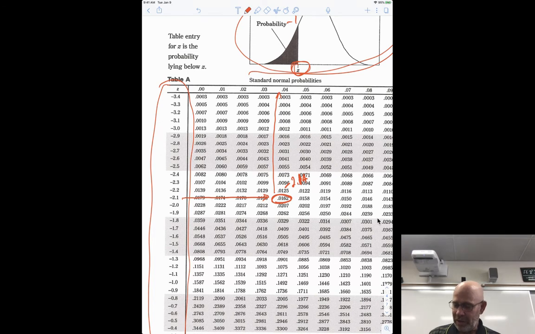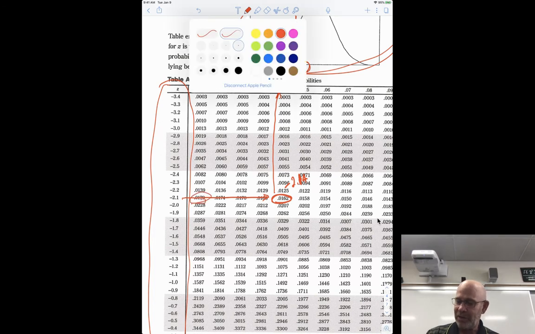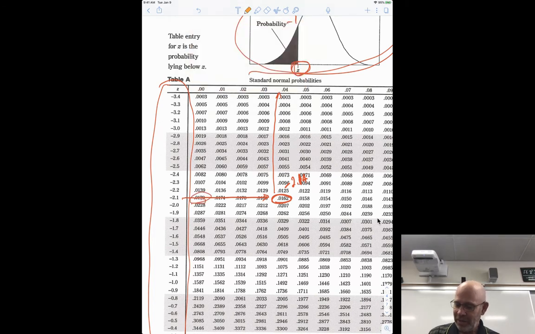Let me change color so you can see it. This number right here is -2.10, then -2.11, -2.12, -2.13, -2.14, and so on. It always tells you the area to the left. If I ask you what the area to the right is, you have to take the area to the left and subtract it from 1.